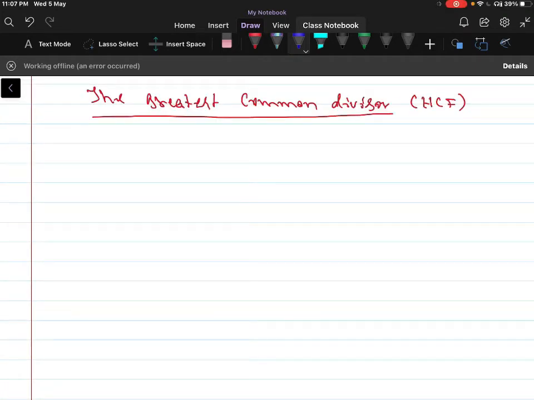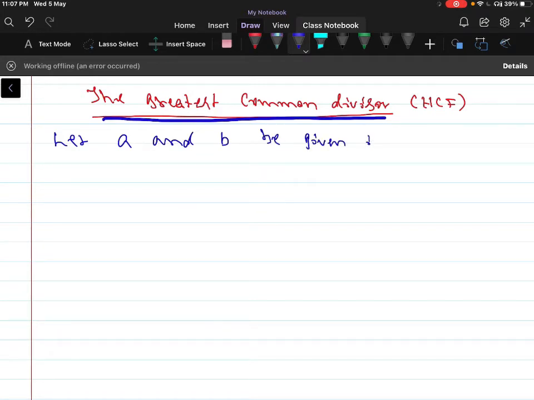So now we'll move to the definition of greatest common divisor, or highest common factor. Let a and b be given integers, both not zero.